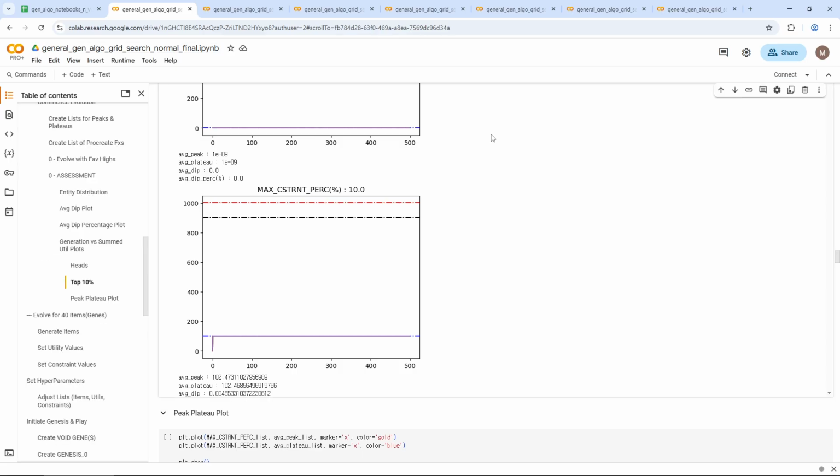And what I mean by last is this will be the last series where I sample the utility values and the constraint values from one and the same distribution. It took maybe 4 times to get this right.